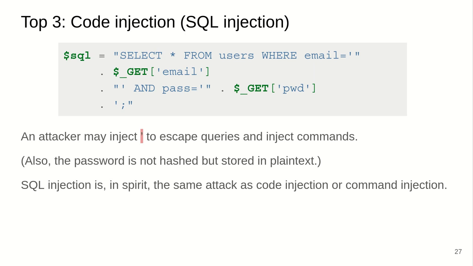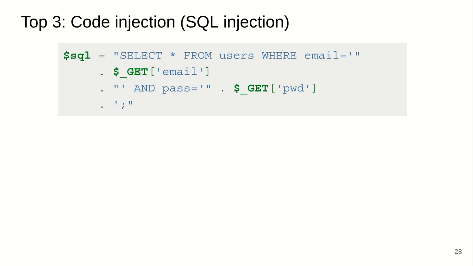Also, as a side note, the password is stored in plain text and not hashed, but this is for another security issue. So SQL injection is, in spirit, the same attack as code injection or command injection that we just discussed. It allows the attacker to inject some new information into the target area.